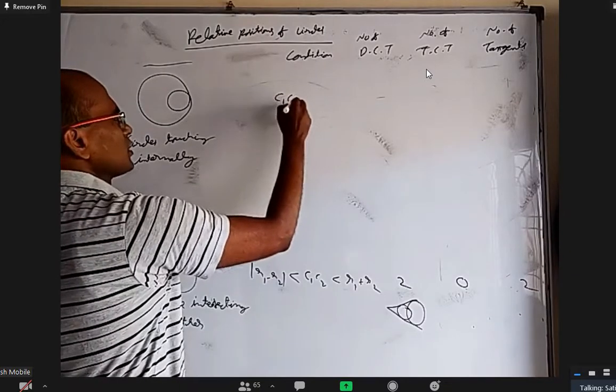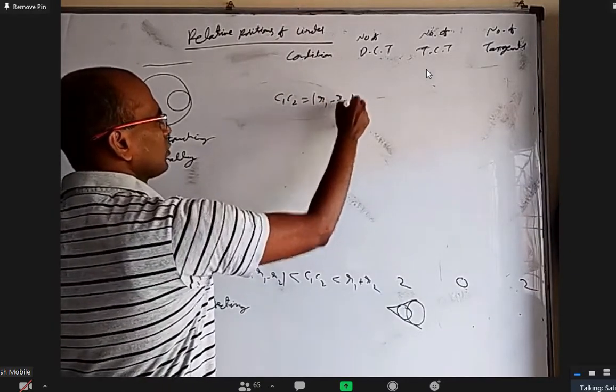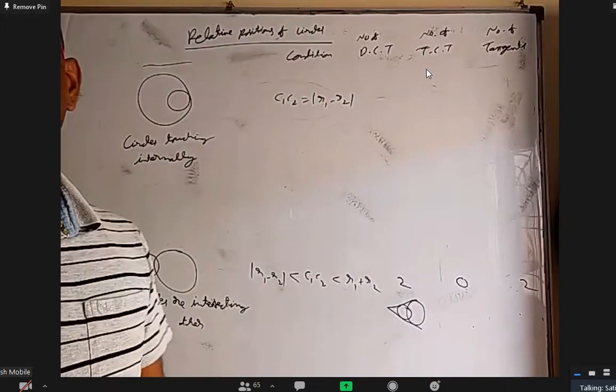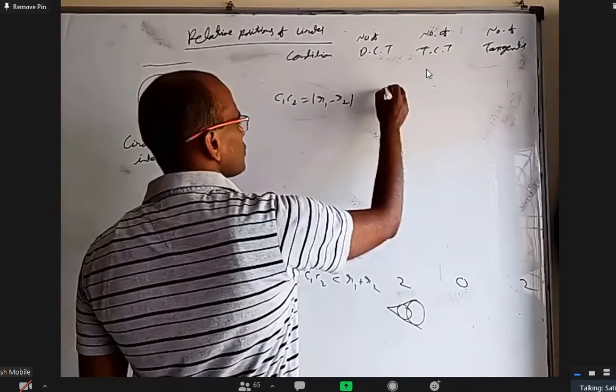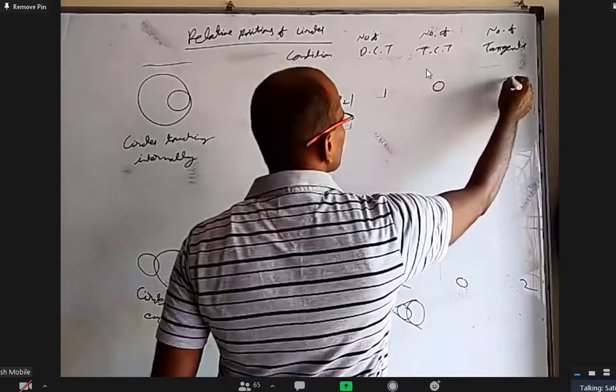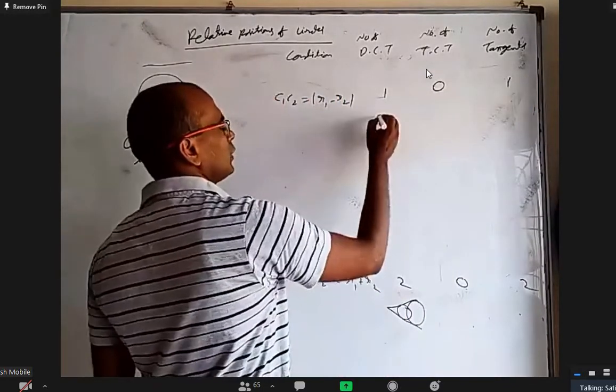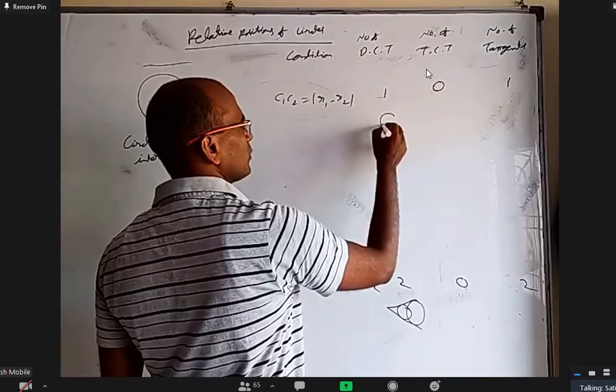Condition: C1C2 is exactly mod R1 minus R2, with a mod because we don't know whether R1 is greater or R2 is greater. Direct common tangents will be 1, transverse common tangents will be 0, total will be 1.